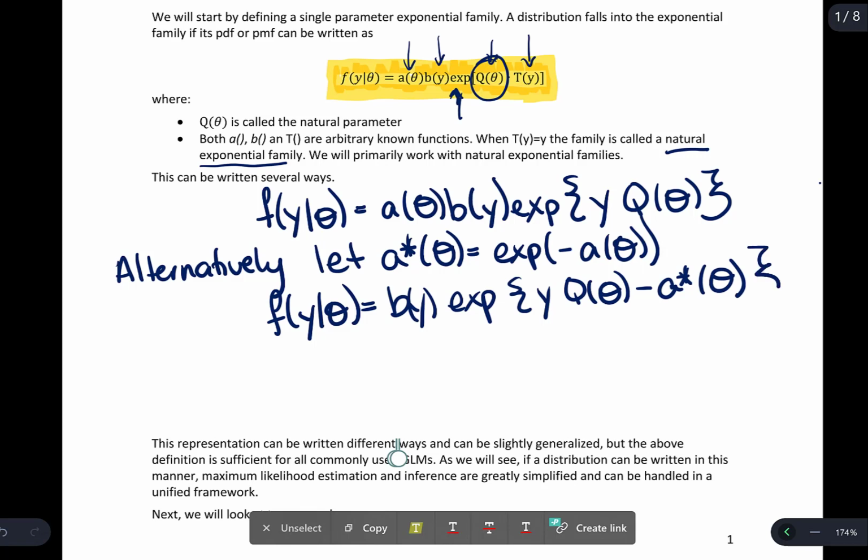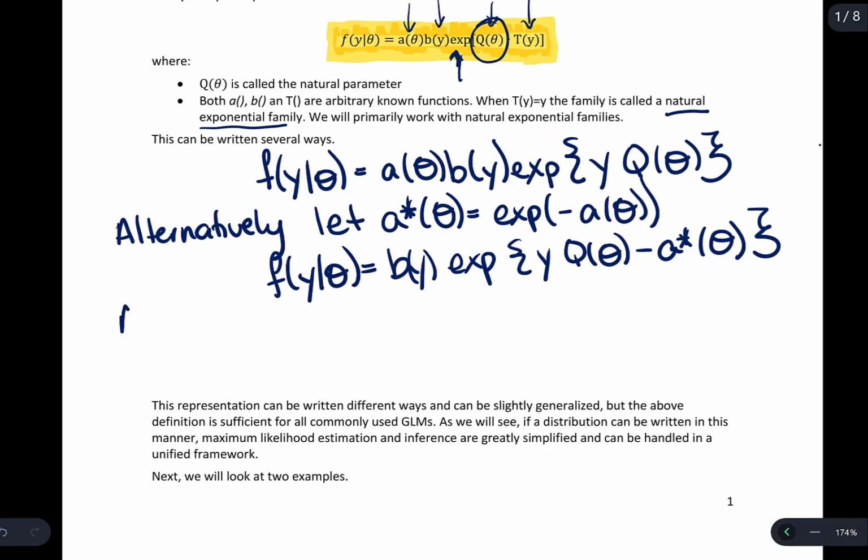This is another common way that you'll see exponential families written. Again, you'll notice we really see what we had before: a function that's just of y, a function that's just of the parameter, and then we still have q of theta, the natural parameter, times y. Then we'll look at one other way that these are commonly written.